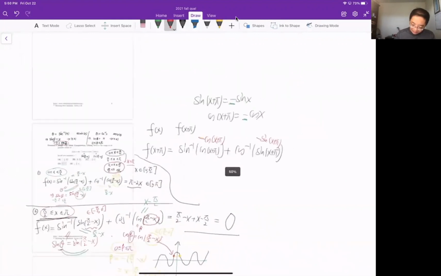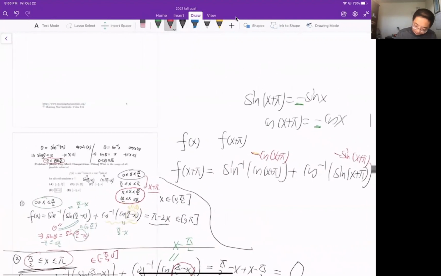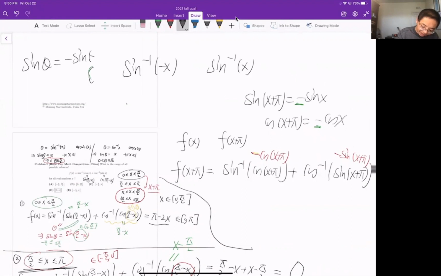Now let's look at the inverse functions. What is the relation between sine inverse of negative x and sine inverse of x? Sine is an odd function, so sine theta is the negative of sine of negative theta.